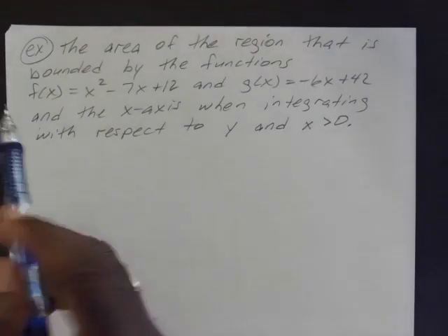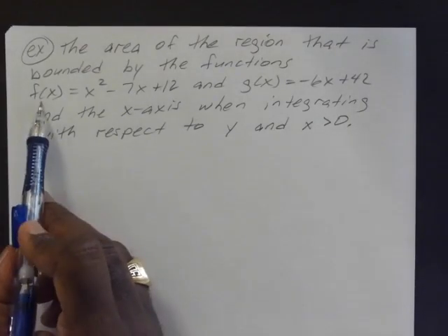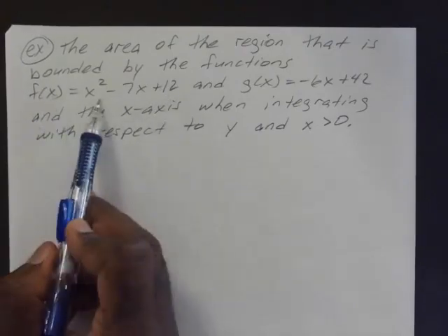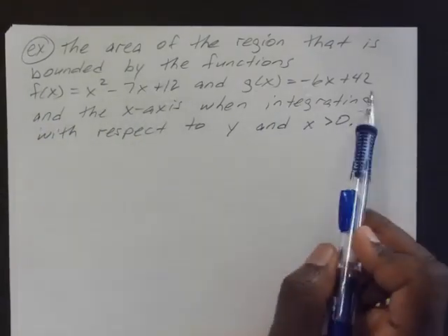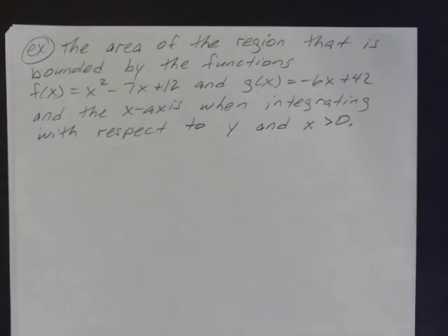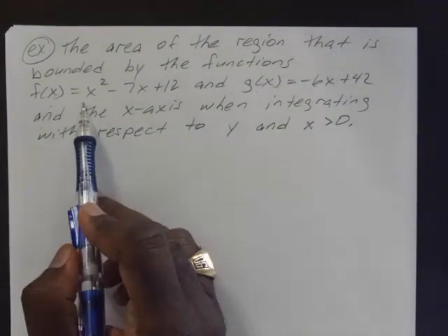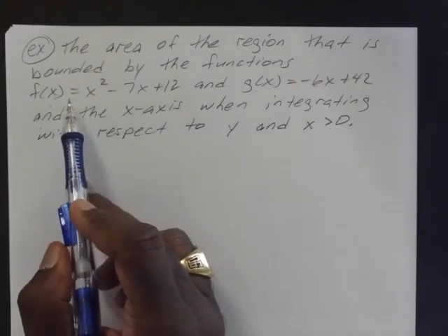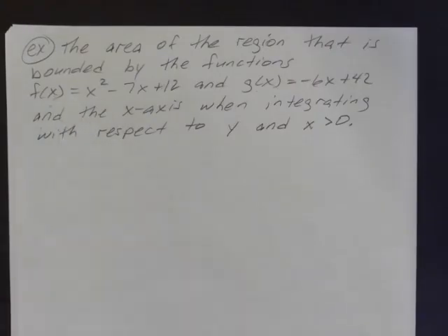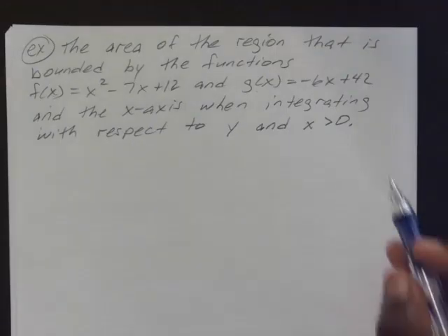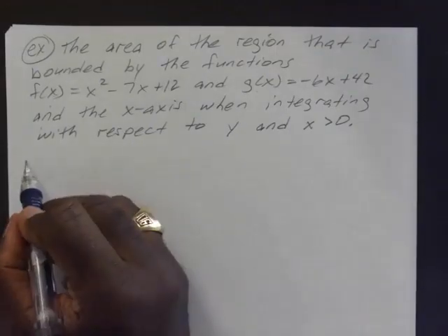Now, the same way, if we wanted to, we can say instead of f of x equals this, we could say y is equal to this function and y is equal to this function. Instead of explaining them as a function of y, we now have to convert them both to functions of x, because remember, x is equal to f of y, the same way y is equal to f of x.